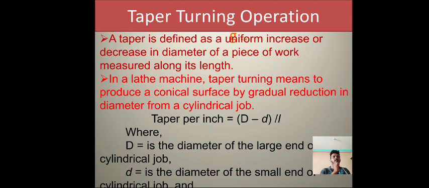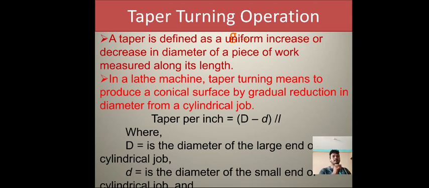The material will be kept in the chuck of the headstock, whereas the tool post and the compound rest are swiveled to a bevel angle of 45 degrees to obtain the taper. Once this tool post which carries the tool is brought in contact with the workpiece, it starts to remove the material in the form of chips, so that finally the taper can be obtained.